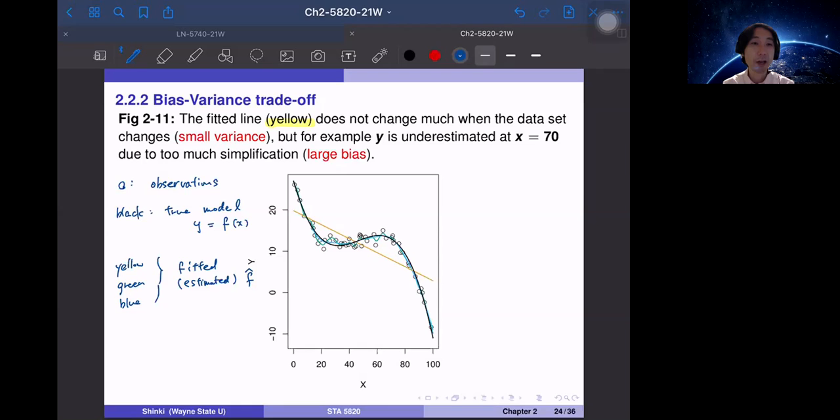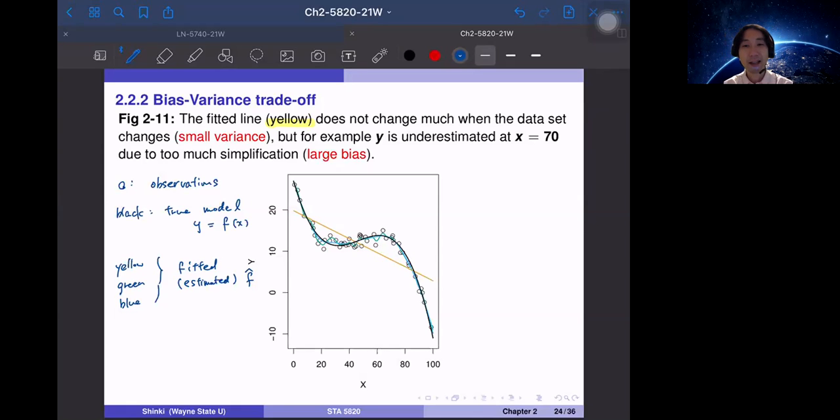So if we have another set of observations, which graph has the least change? You can see the yellow graph probably does not change much because it's pretty simple, the straight line. So even if we have some outliers in the observations, the yellow line still doesn't change much. The blue line is a little more fragile compared to the yellow line, but probably somewhat stable.